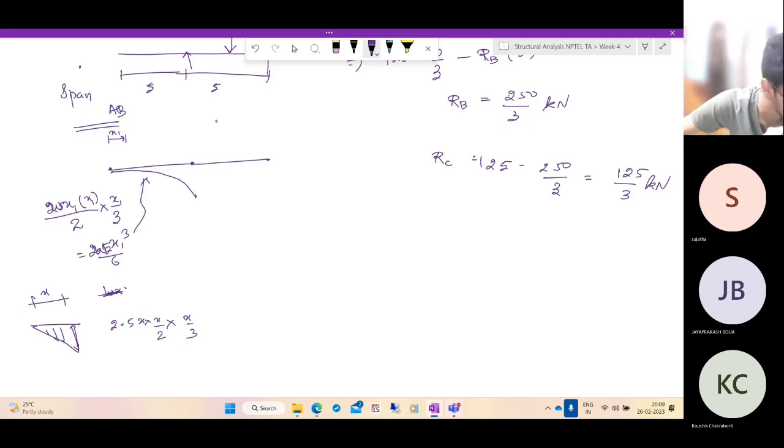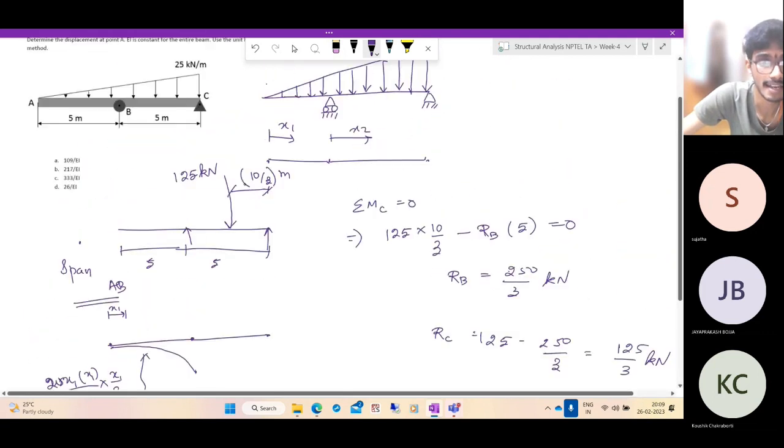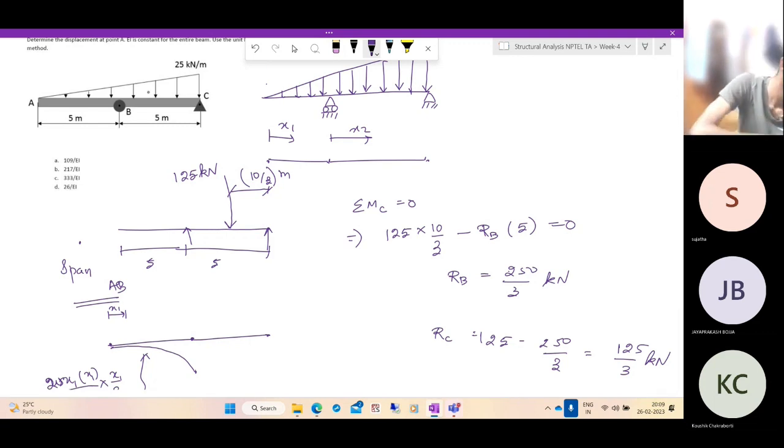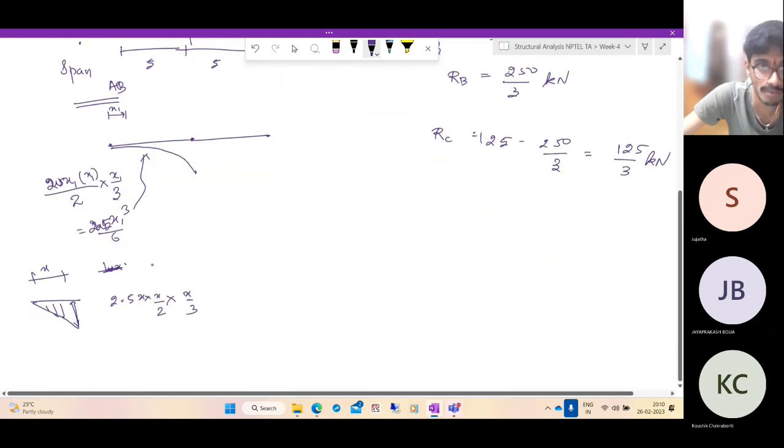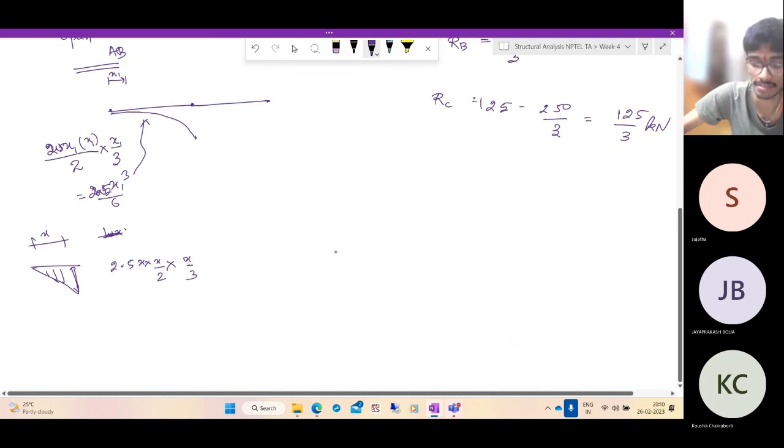And in this span, what is the case? The moment that comes onto the span will be 2.5 into L cube by 6, which is 2.5 into 5 cube by 6.